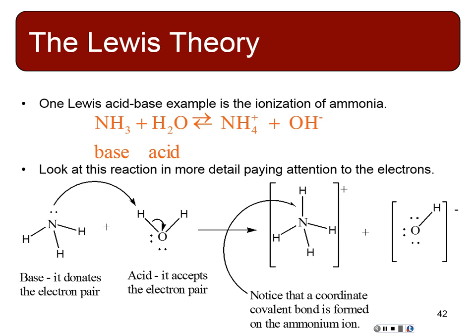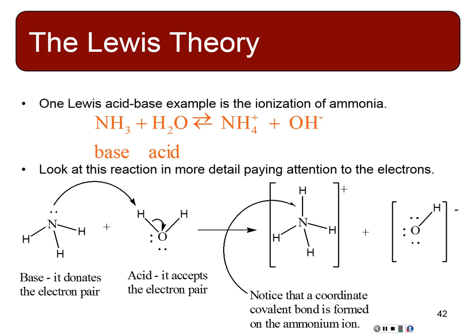If we had, I really wish I brought my iPad here. So we have this. We have water, which we know is going to be our acid. So Lewis theory says our base is going to donate electrons.